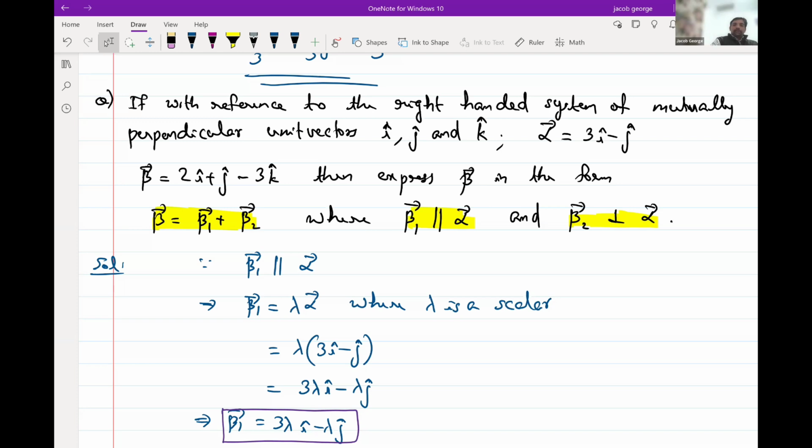So you have noted the question. Alpha vector is given, beta vector is given. Then our question is to express beta vector in the form.